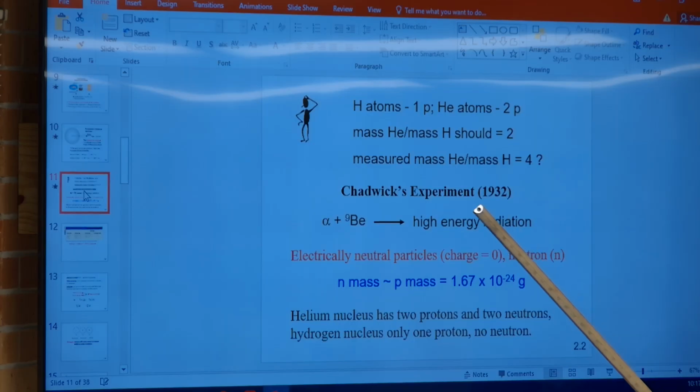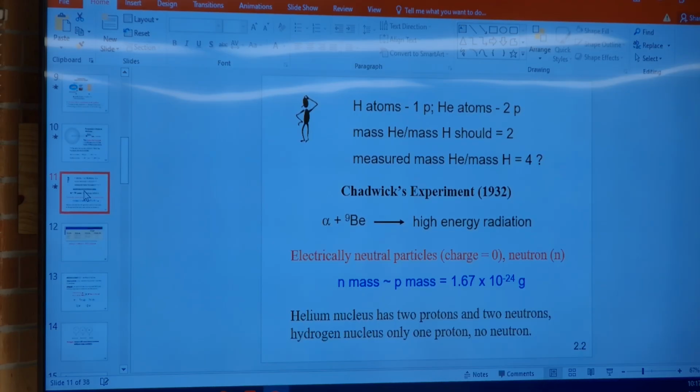This was discovered by Chadwick's experiment. He shot alpha particles onto beryllium foil, and the beryllium foil emits a ray. A ray always consists of particles. Very high energy, but no charge. It cannot be deflected by an electric field.